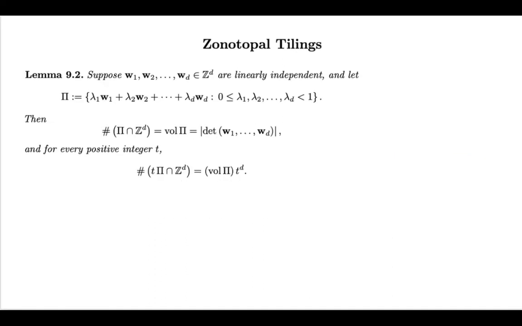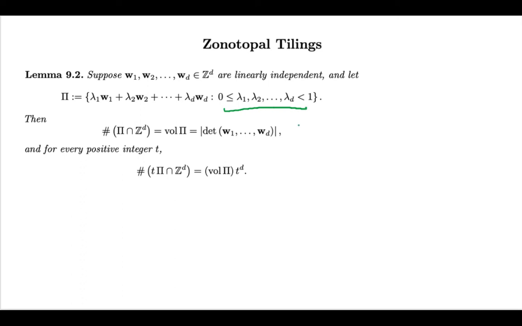These tilings of a zonotope into parallelepipeds have many consequences. The most immediate for us is based on the following kind of simple fact, and that is, if you give me a parallelepiped, and I think of it as a zonotope spanned by d vectors, let's say, and I make it half open like this, but this is arbitrary.